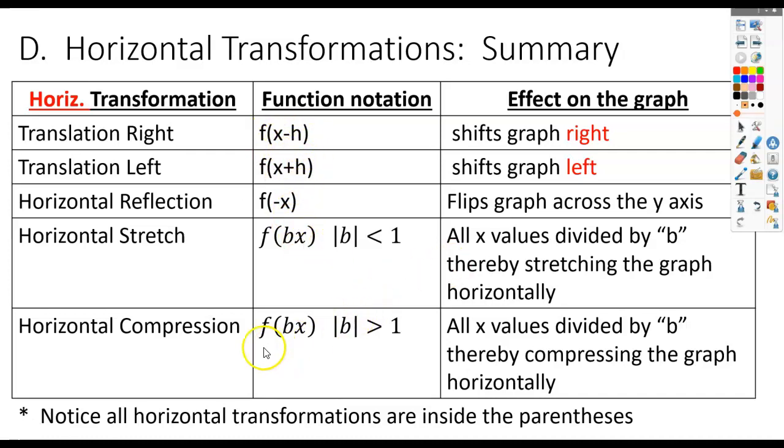So that's what causes horizontal transformations. So when you're adding or subtracting inside the parentheses, that results in a translation to the left or right, depending on whether it's minus or plus. If you make your x a negative, that is a horizontal reflection, which flips it across the y-axis. If you multiply it, you get either a stretch or a compression, depending on whether the absolute value of your multiplier is greater than or less than 1. Okay? And so that's horizontal transformation.